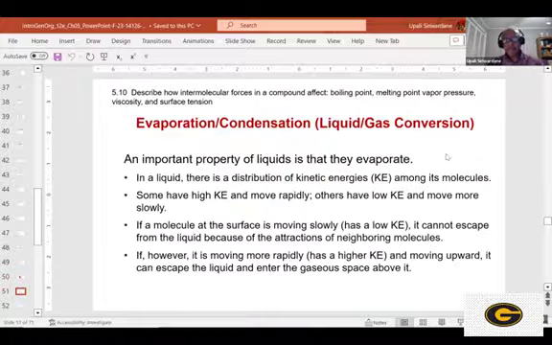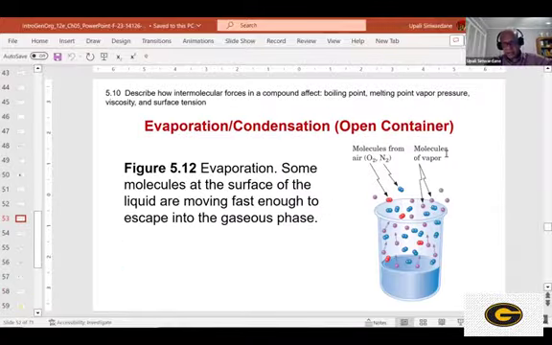And we also talk about liquid to gas conversion, evaporation and condensation, and how they form an equilibrium between the liquid and gas phase molecules. We explain evaporation and condensation in the beaker with the solvent.